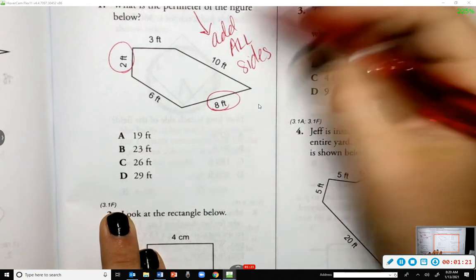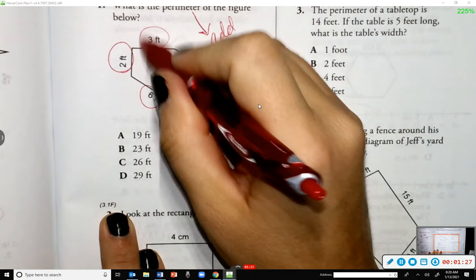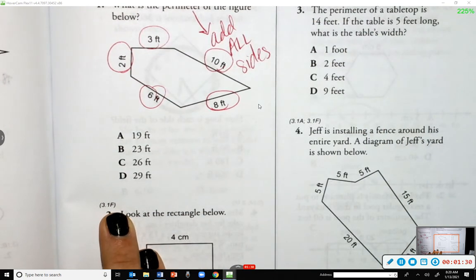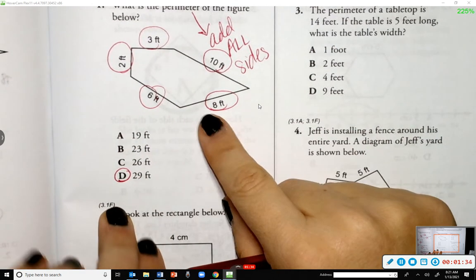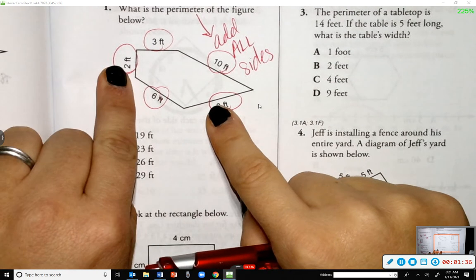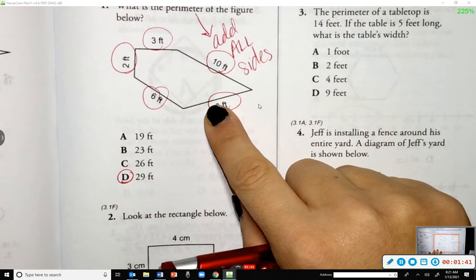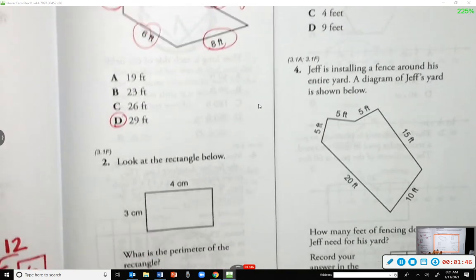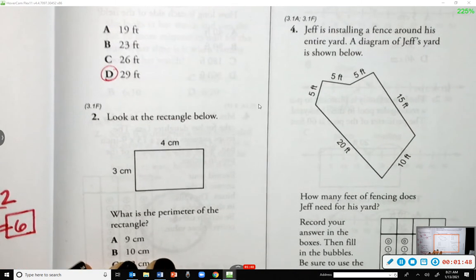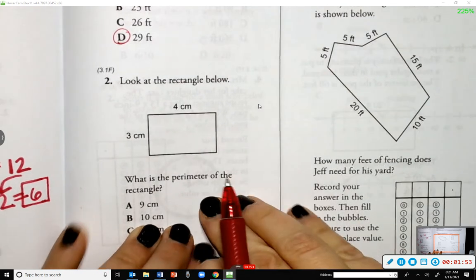Okay, what's 10 plus 10? 20 plus 6. 26 plus 3. 29. Okay, so D would have been your answer. The reason we started with 8 and 2 is because it made what? 10. And that was easy to do in my head, right? A 10 is easy to add. Just a little trick on mental math. Add up the ones that are going to give you a nice number that ends in 0.